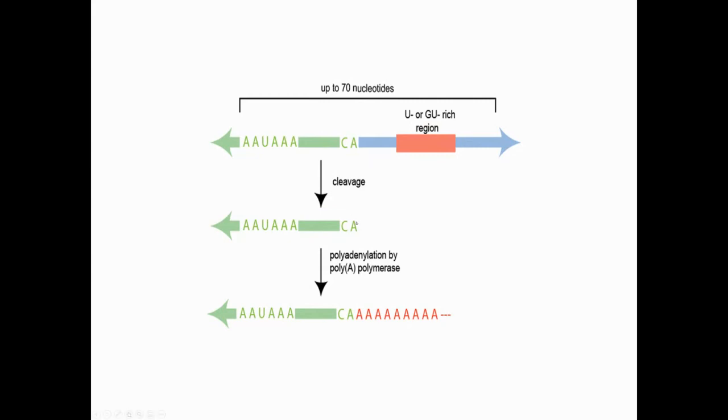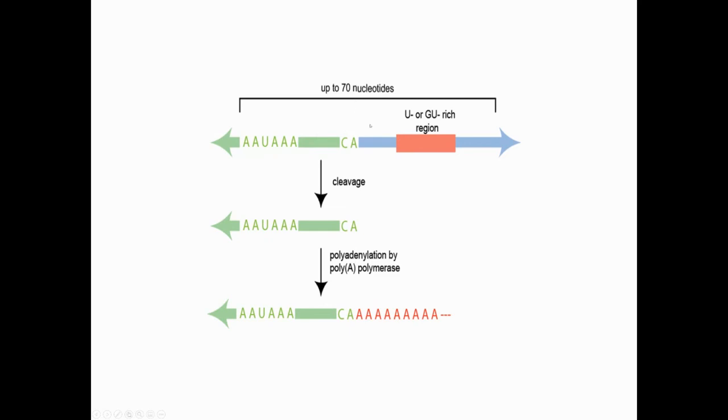Where is the CA nucleotide pair? It lies between a conserved AAUAAA hexamer and a UGU-rich region. In between this region, there is a dinucleotide CA.